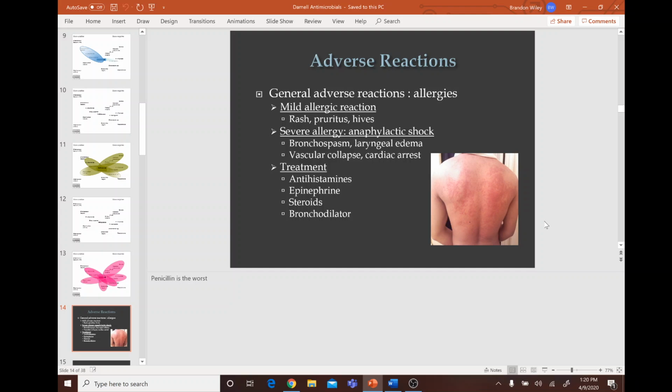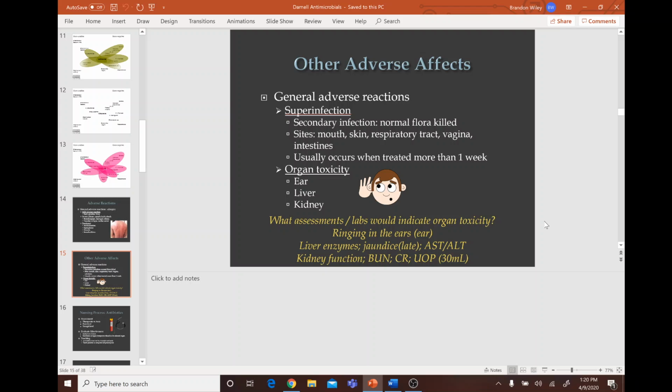How are we going to treat allergic reactions in general? Antihistamines, epinephrine, steroids, bronchodilators.